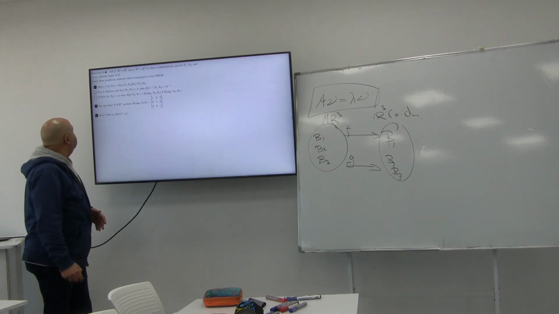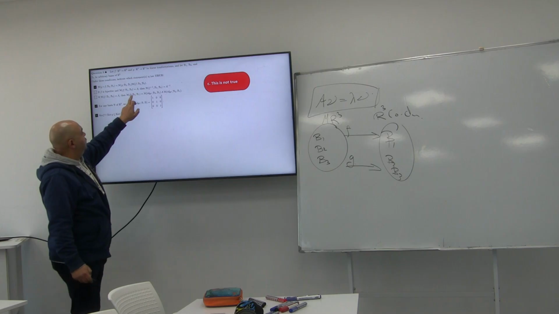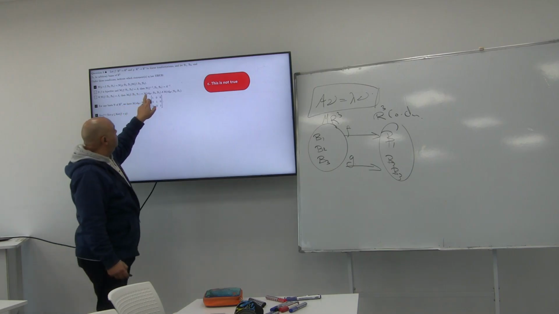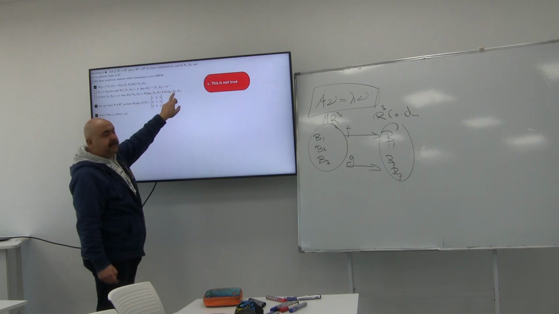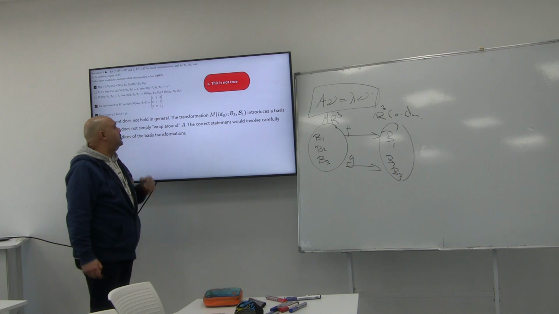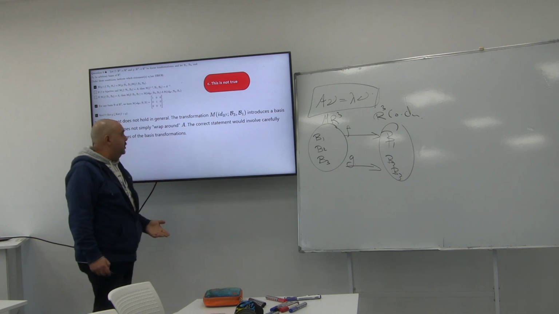If I go for C, here is the matrix from B1 into B2, which is A, and the matrix from B3 into B1, and he's making the identity matrix of A times the identity matrix of B2 to B1. This calculation using the identity matrix is not right from the indices.